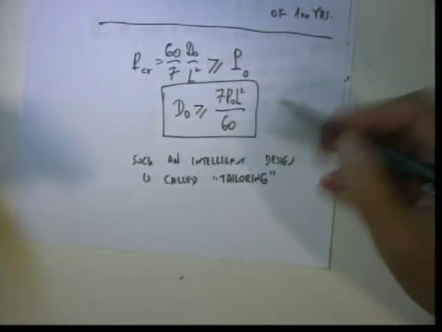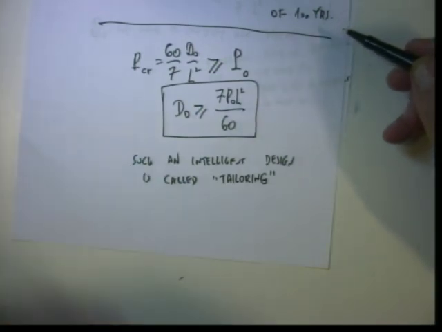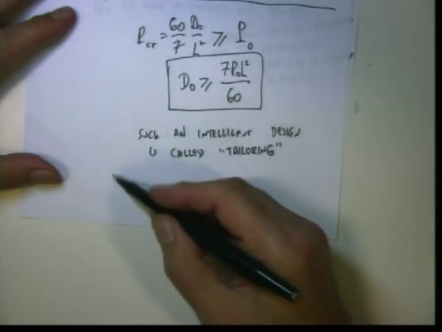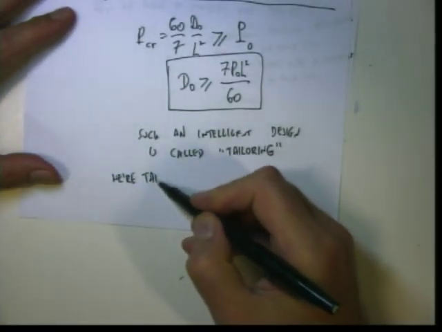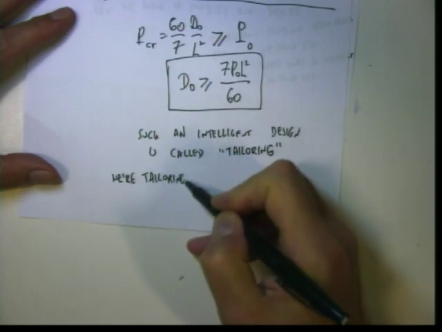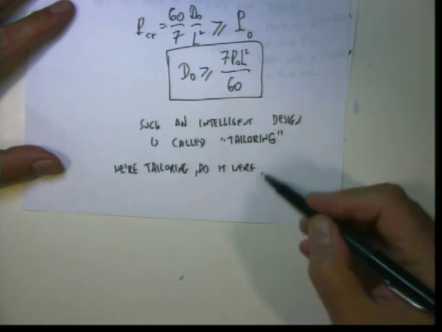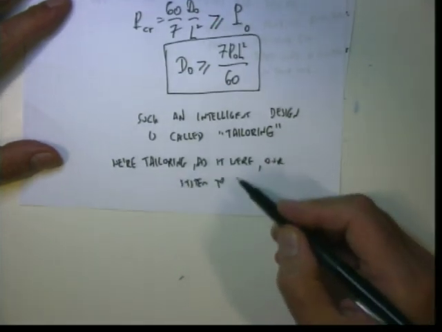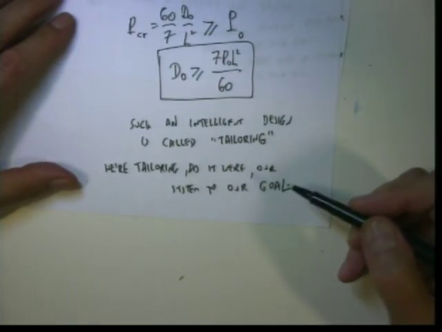We are tailoring the system to what we want, to our desires, as it were, our system to our goals, or to our goal in this particular case.